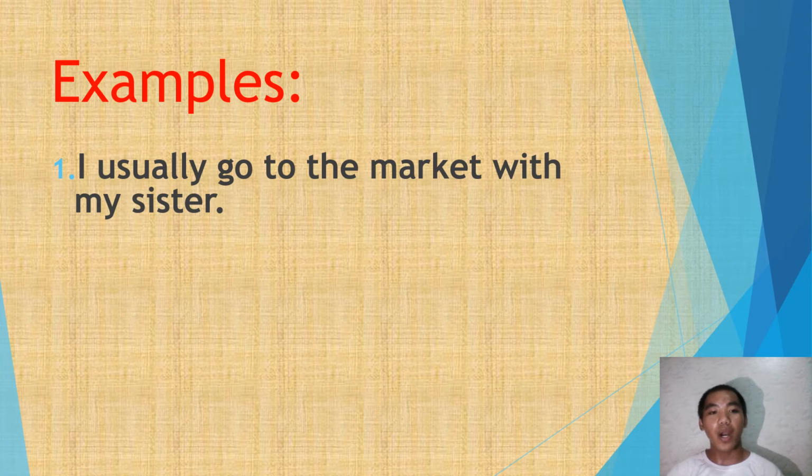If you are going to use always in this sentence, for example, you say, I always go to the market with my sister, meaning you go to the market with your sister every day. But if you say, I usually go to the market with my sister, that could be you go to the market every other day. It's not every day. Understand? So that's the difference of always and usually.